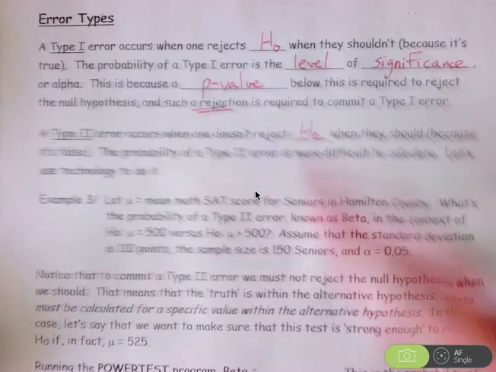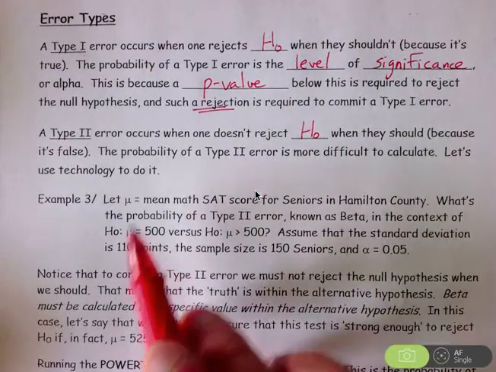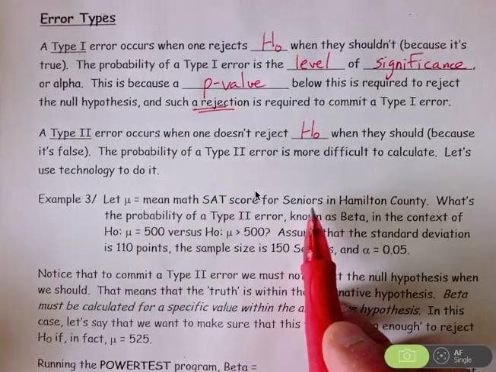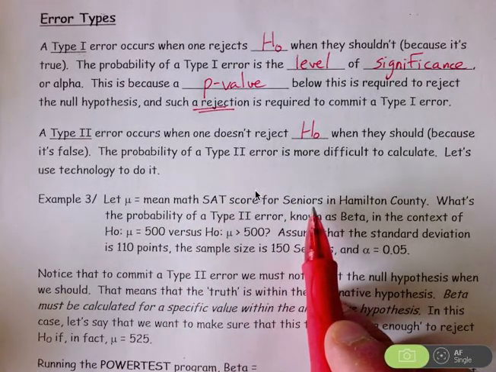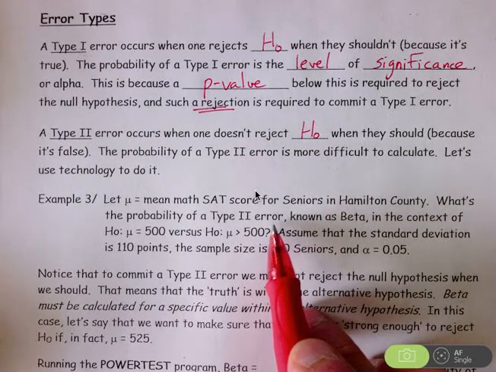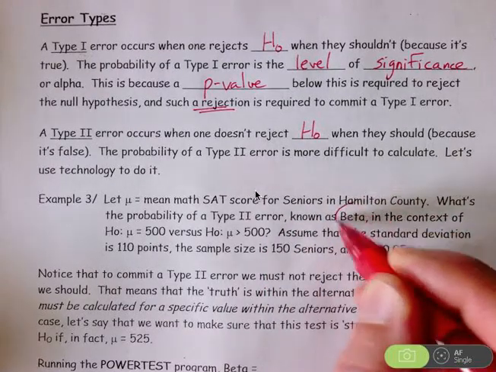So it will help if we look at a question in context here. So let mu equal the mean math SAT score for seniors in Hamilton County, much like we did on the front of this handout. So what's the probability of a type 2 error? That is known as beta.